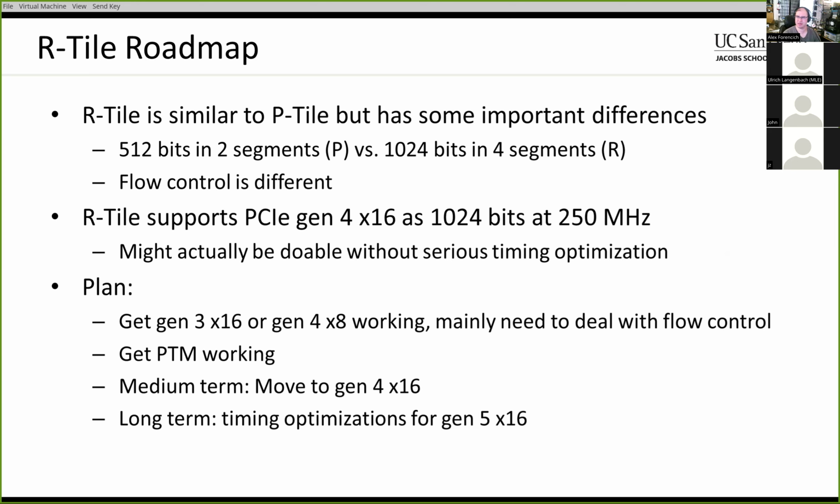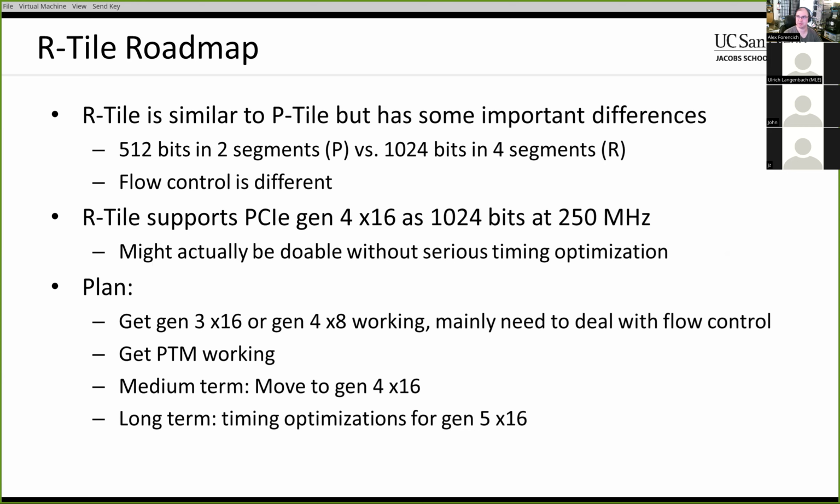The interesting thing about the RTile is it supports Gen 4 by 16 as 1024 bits at 250 megahertz, which is quite interesting because on the P-tile, 4 by 16 is 512 bits at like 500 megahertz, and the timing closure for that is not going to be straightforward. But 4 segments, 1024 bits total at 250 is within the realm of doability, I think, but it's probably still going to need some work to make that operational.